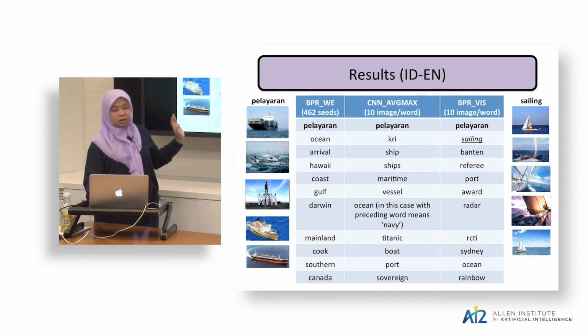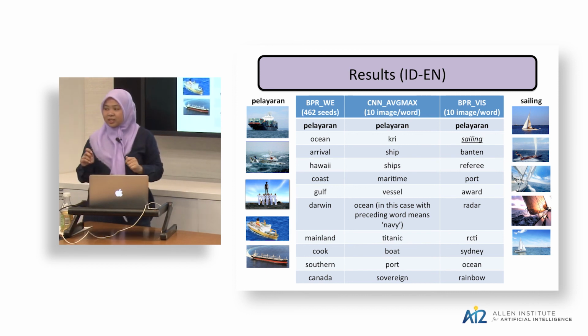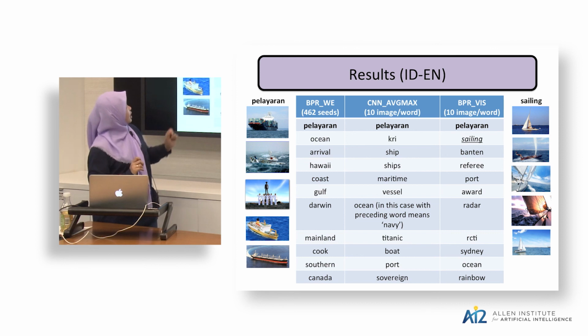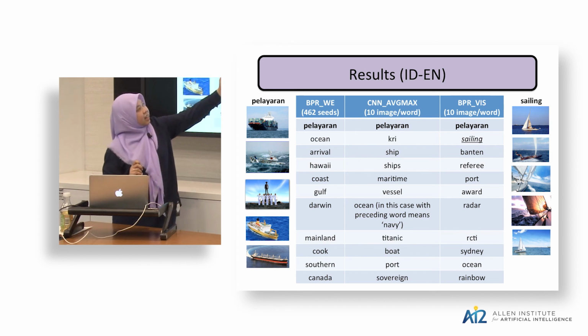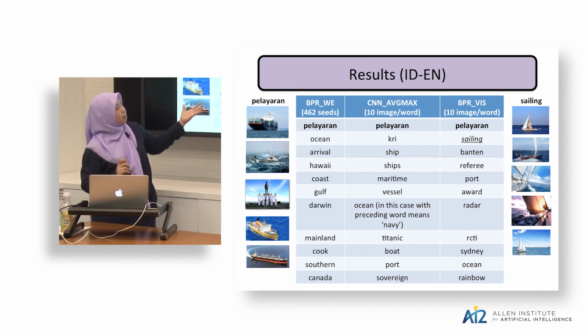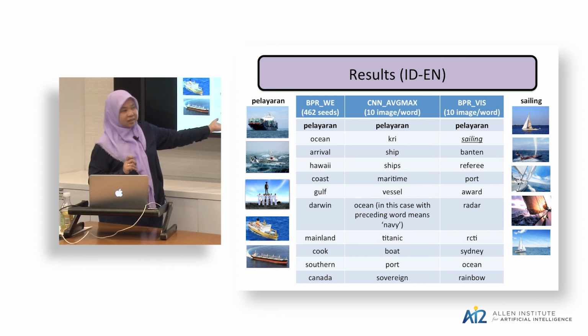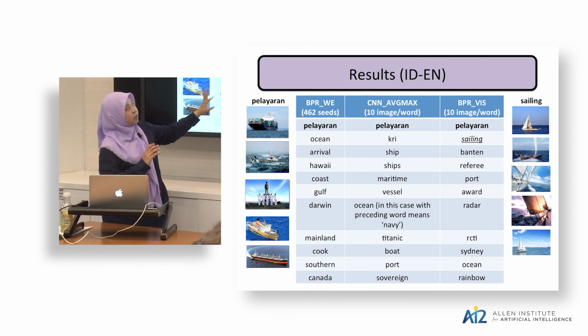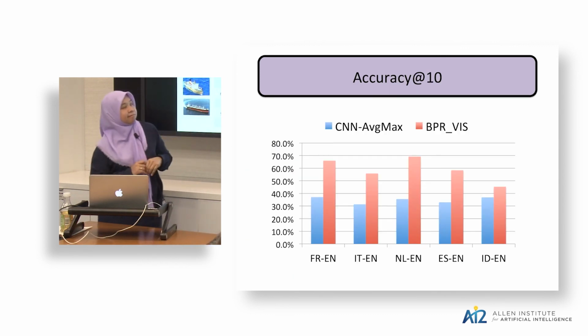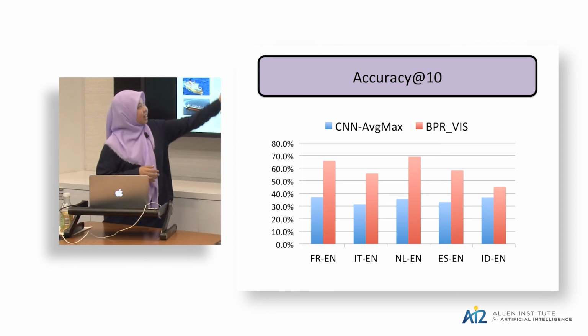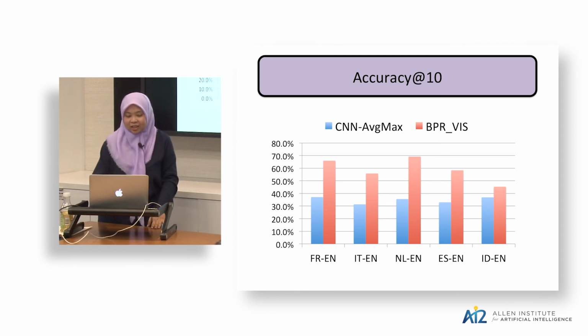And also for ambiguous nouns, like pelayaran, both the Indonesian and the English images don't show the right translation in the top 10, but adding them together, you can actually get the right translation.